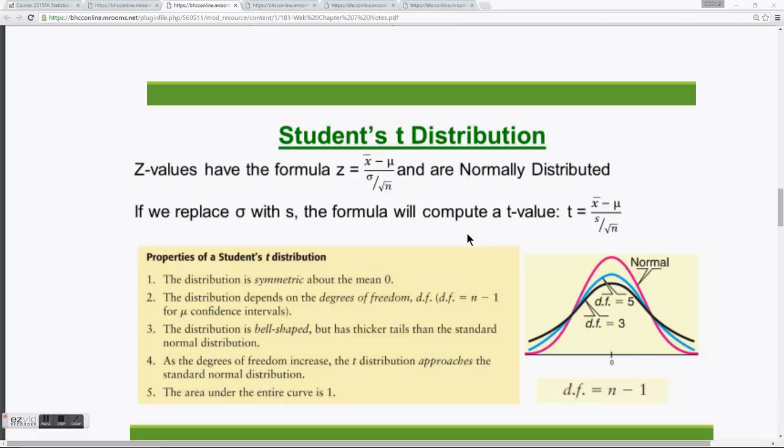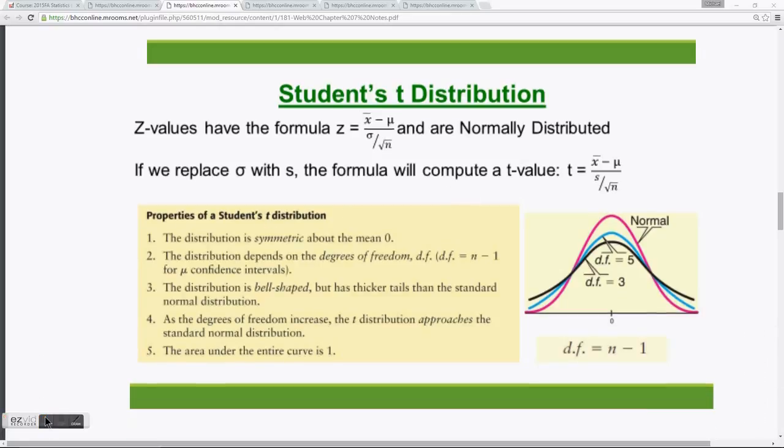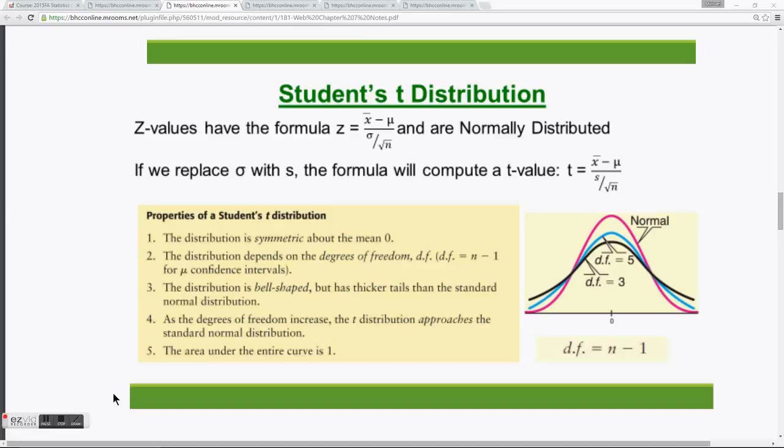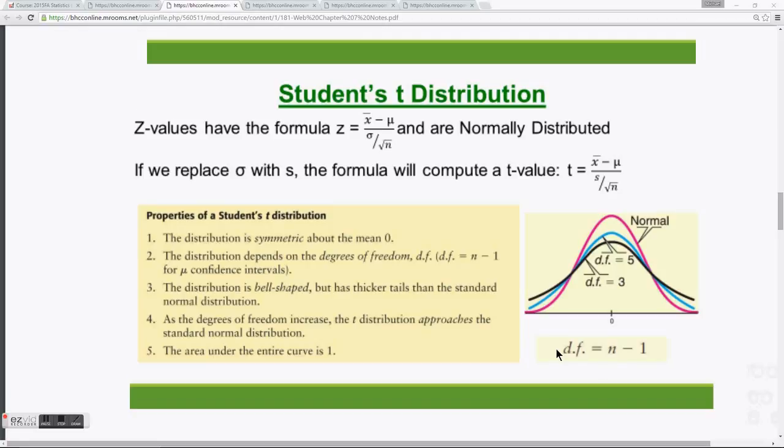The student's t-distribution is a lot like the normal curve, but the size and shape of the curve varies. It is not standardized. It varies based on sample size, or more specifically something called the degrees of freedom. The degrees of freedom are equal to the sample size minus 1. We'll see how this factors into calculating our confidence intervals as we go forward.